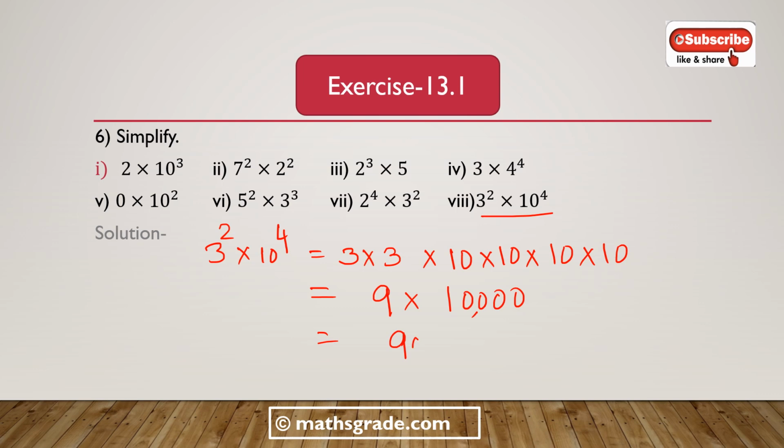So it is 90,000. So value of this expression 3 square multiplied with 10 to the power 4 is 90,000.